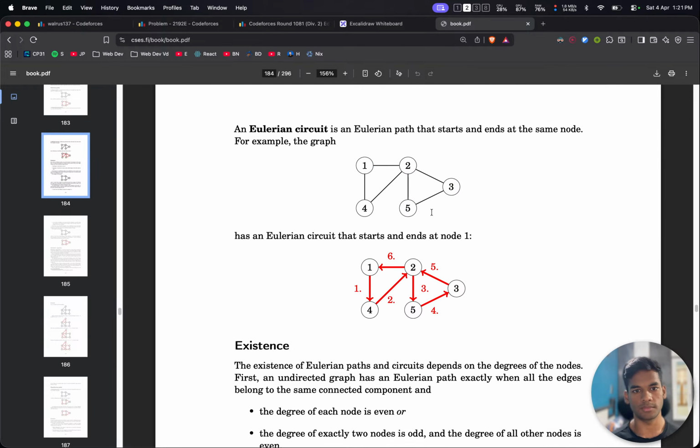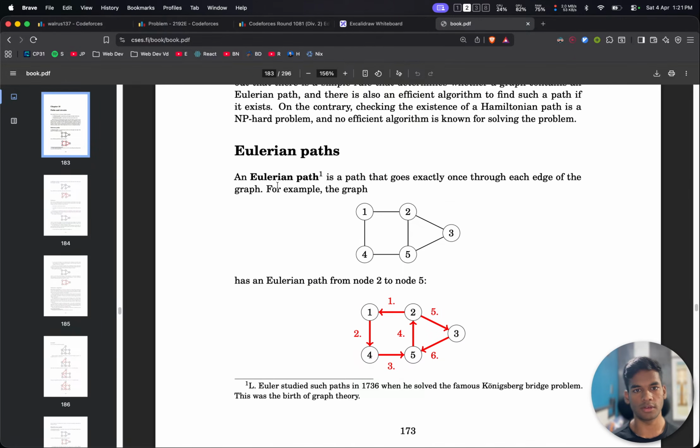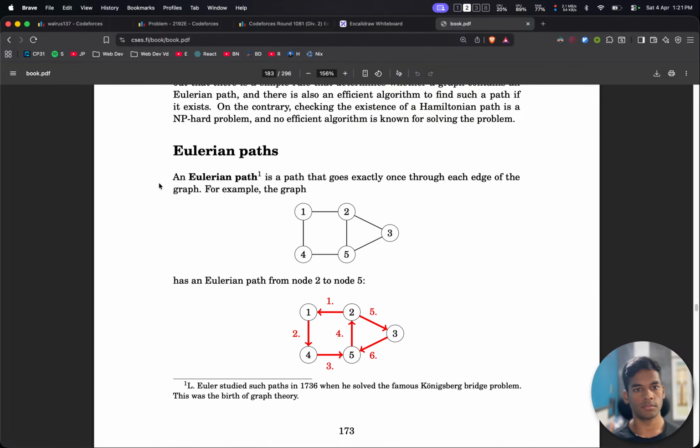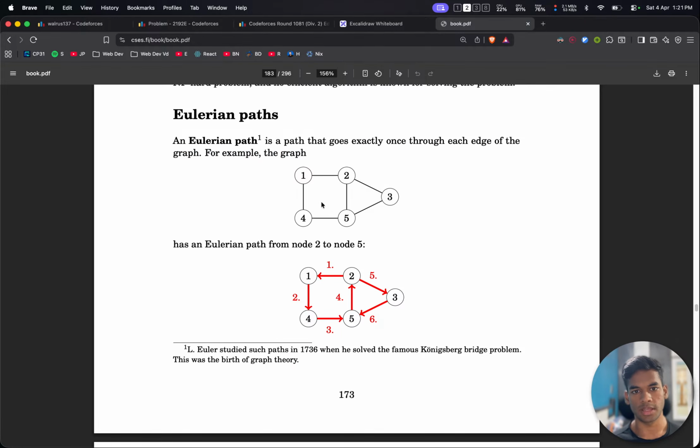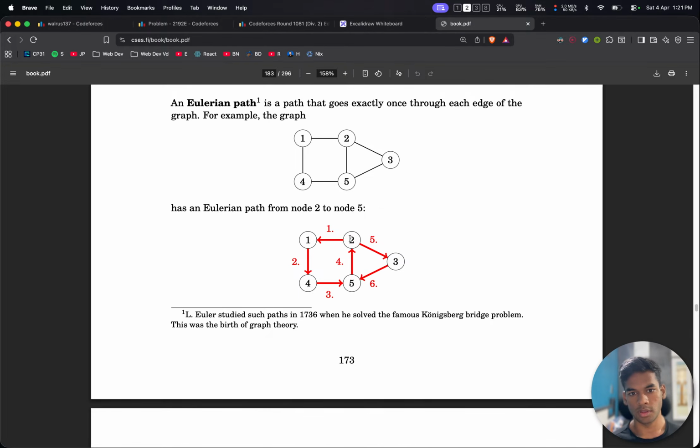Let's see. Eulerian circuits. Yep, cool. So an Eulerian path is the path that goes exactly once through each edge of the graph. For example, this graph has an Eulerian path from node 2 to 5. This graph is undirected, so we converted it into a directed graph here.